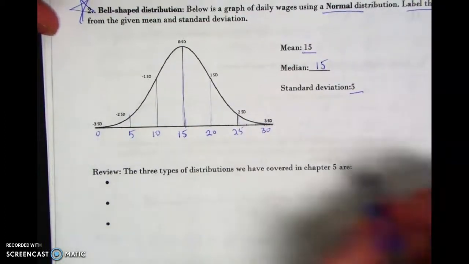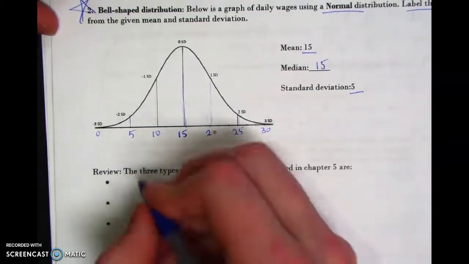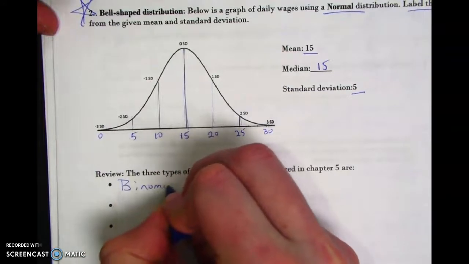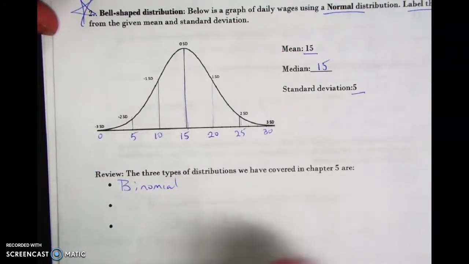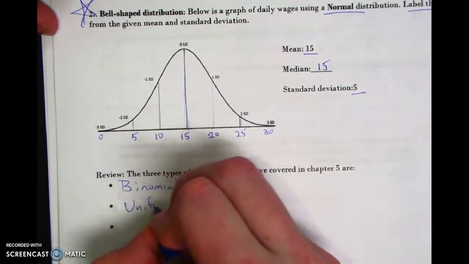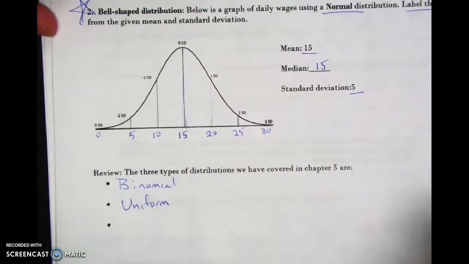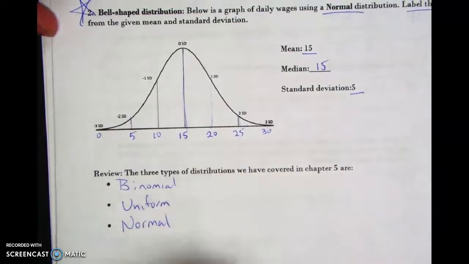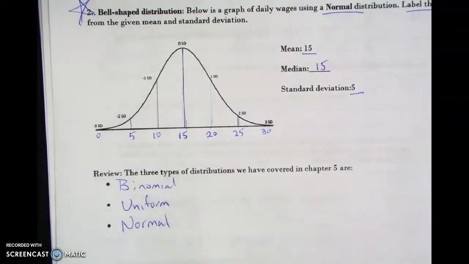And at this point, we remember that we've got 3 types of distributions with names. They are the binomial that we talked about in 5.3 and 5.4, uniform, which is when we look at that graph that's a rectangle, and the normal. Obviously there's a little bit more to Chapter 5 than this, but these are the 3 distributions that have names, and we want to keep track of those names for ourselves to keep Chapter 5 organized.